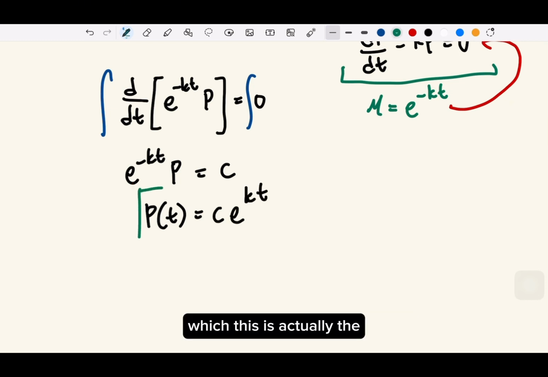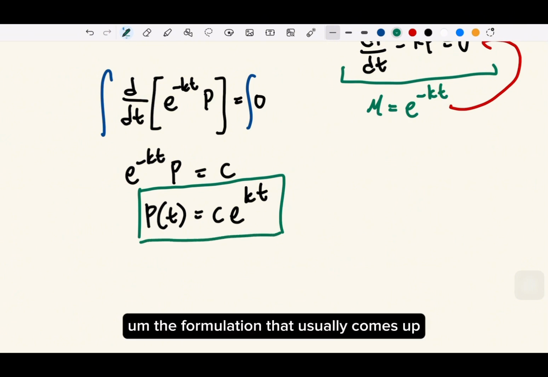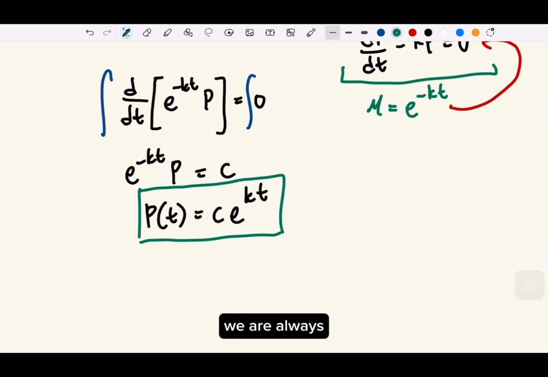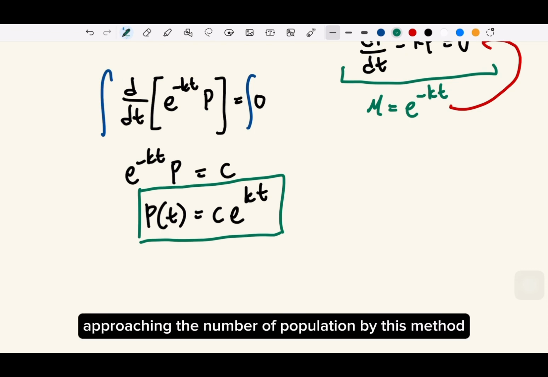which is actually the formulation that usually comes up whenever we talk about population in general. If you remember in biology or even in statistics, we are always approaching the number of population by this method.